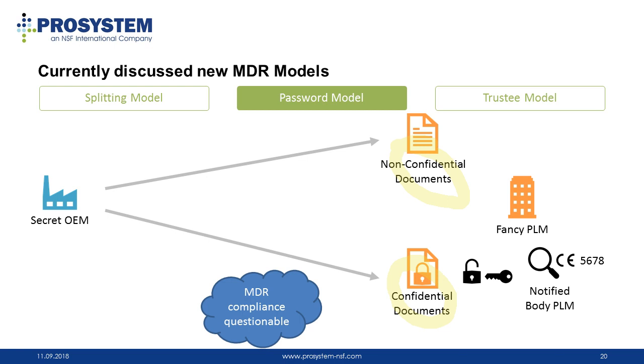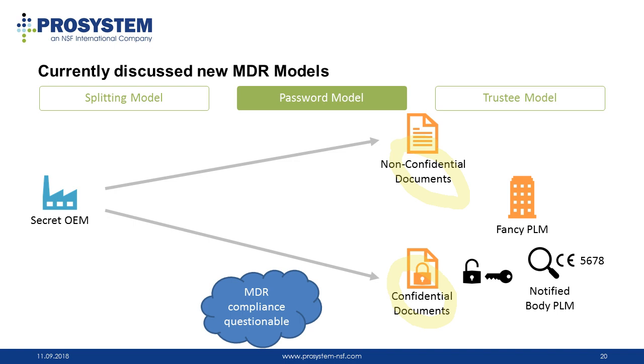So it is sent to the PLM, but it is protected by a password, and this password is only handed to, for example, the auditor from your notified body. So when that auditor comes for an audit of the private label manufacturer, he is then handed this password, and he can then look into this documentation. It is in theory available at the private label manufacturer, and so this is the bigger difference.